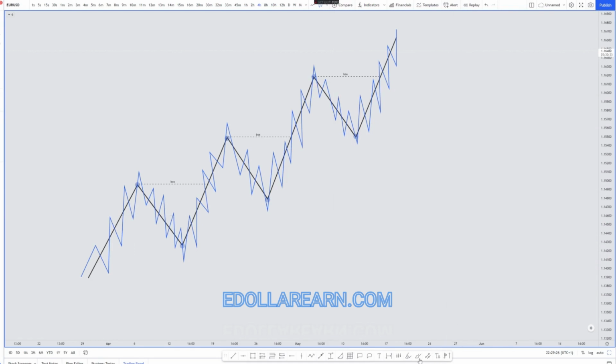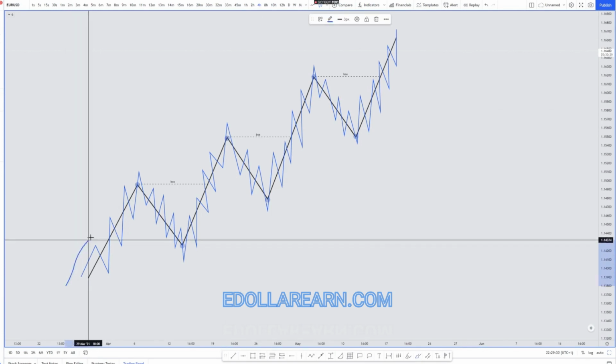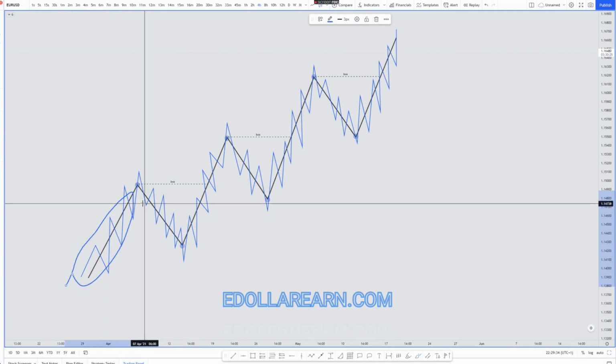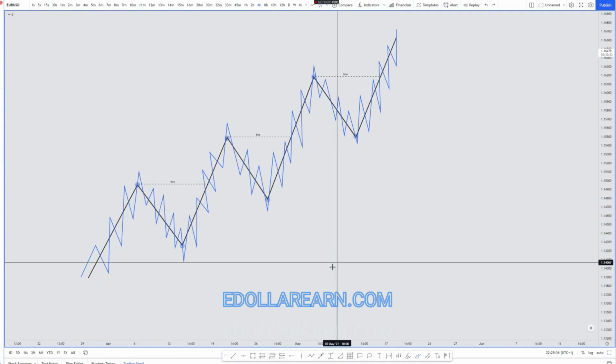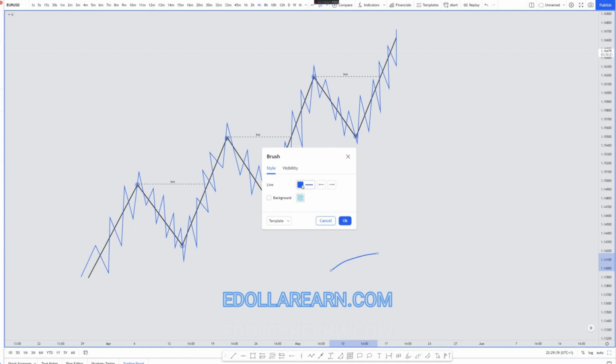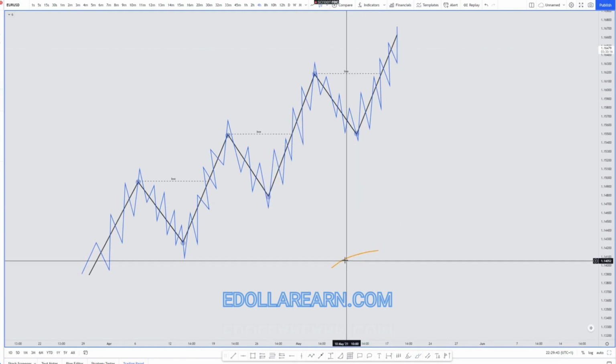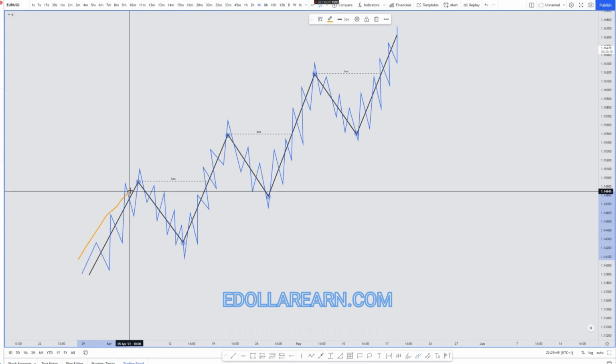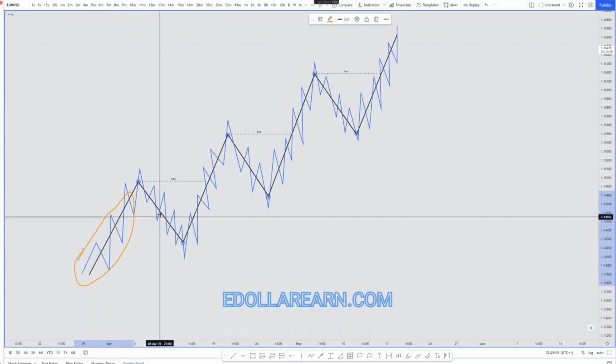Now, something I want to make note of is how many continuations there are. One continuation. Oh, hold on. Let's actually change that to orange. But let's make note of how many continuations there are. So you have one continuation here, pro 4-hour trend.